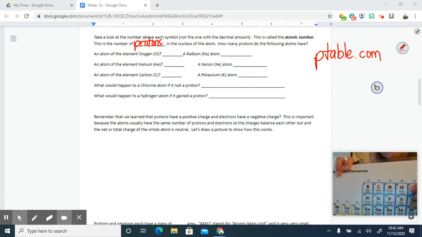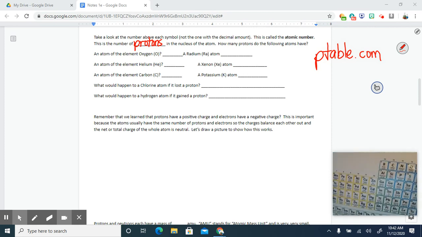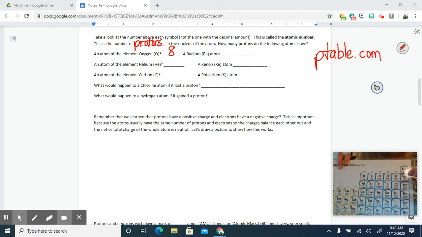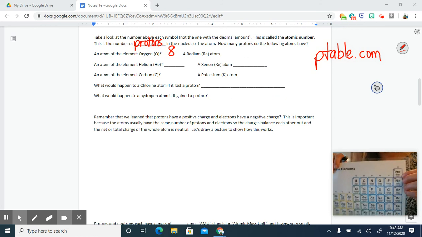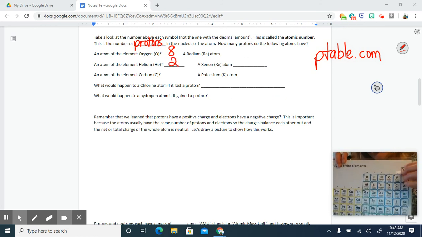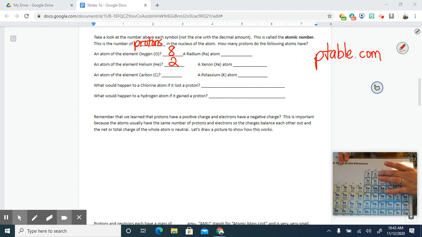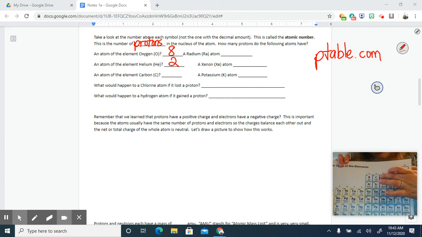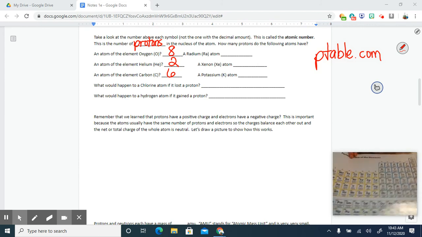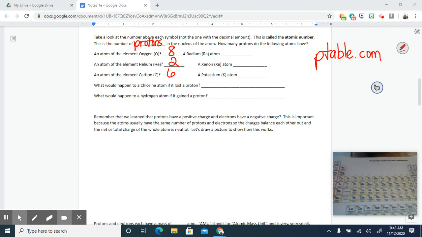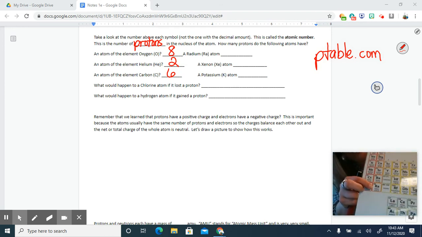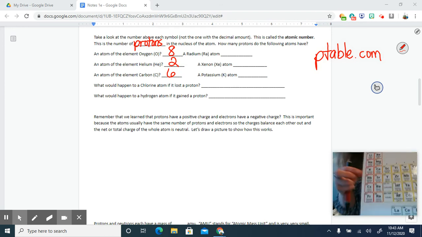So what is oxygen's atomic number? Right, 8. Okay, and then helium is right here. And that one's 2. And carbon, we already looked at carbon a little bit. Carbon's right there. Carbon has an atomic number of 6. And then radium is over here. Can you see that one? Radium's atomic number is 88.